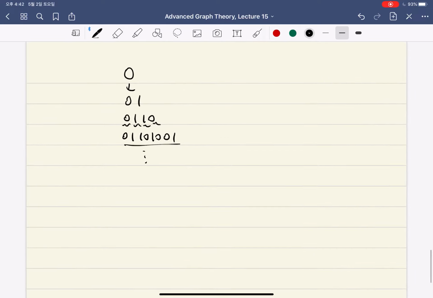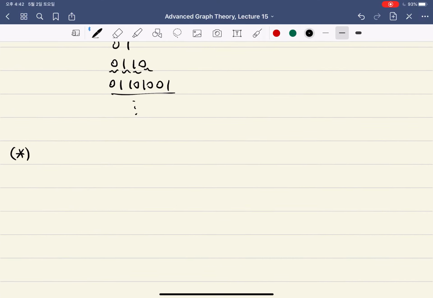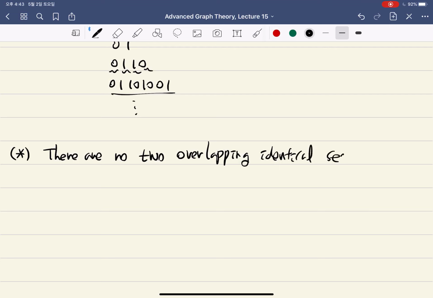And one fact we know is that there are no two overlapping identical sequences in the Thue-Morse sequence.